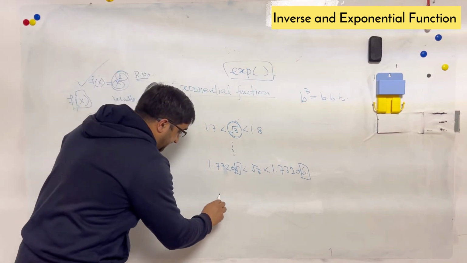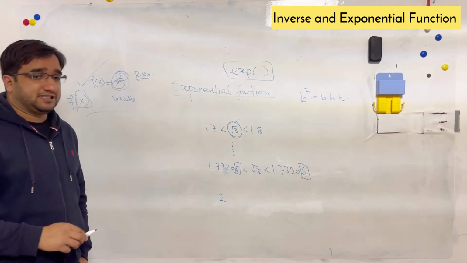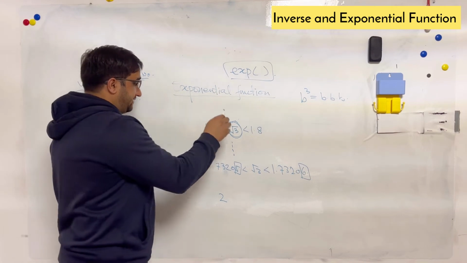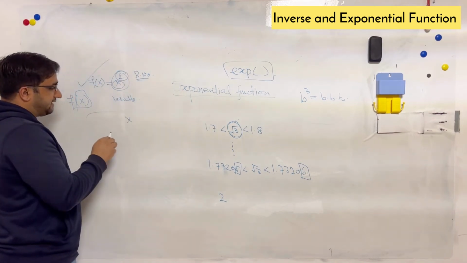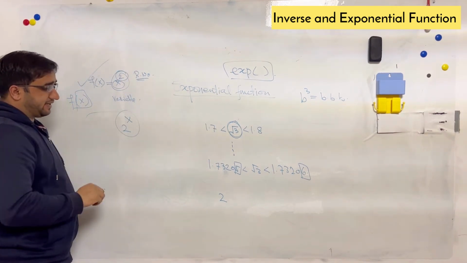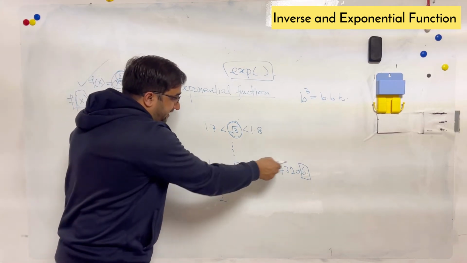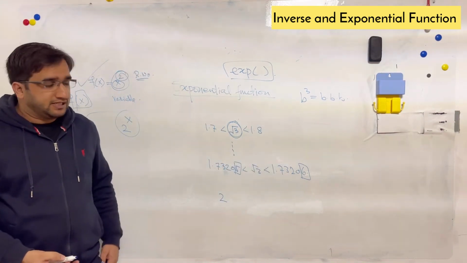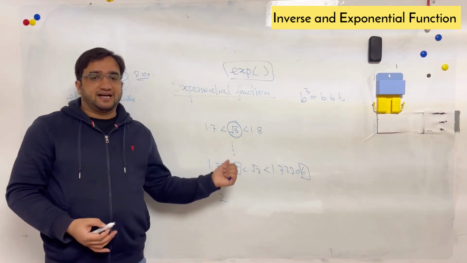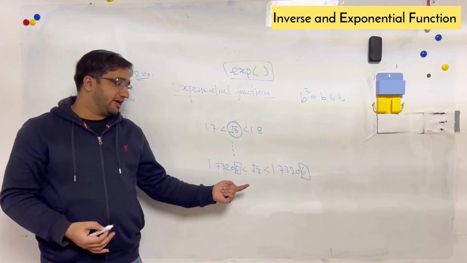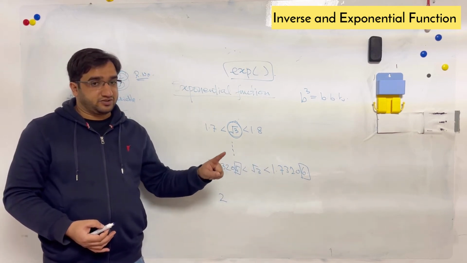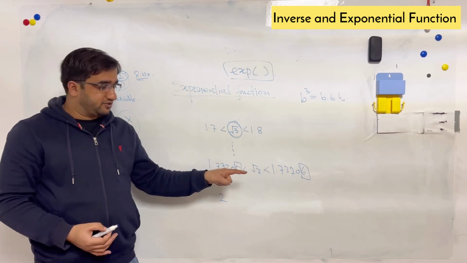Now, if I take x and take it as 2 raised to the power x, I do the same on the left and right. You can do anything on the left and right of an equality, but you should do it on all sides.